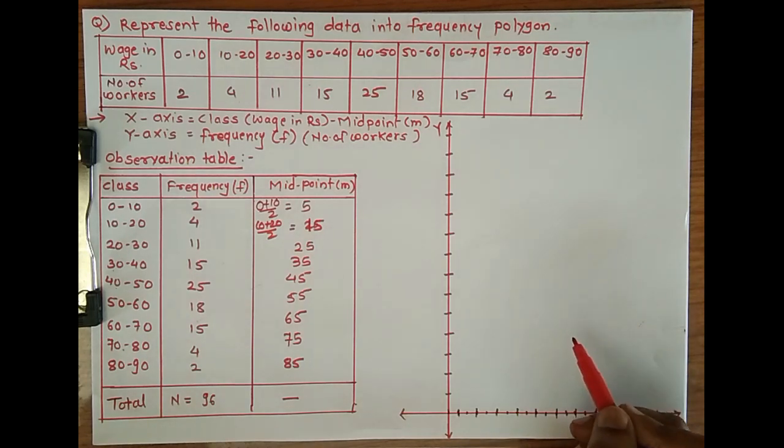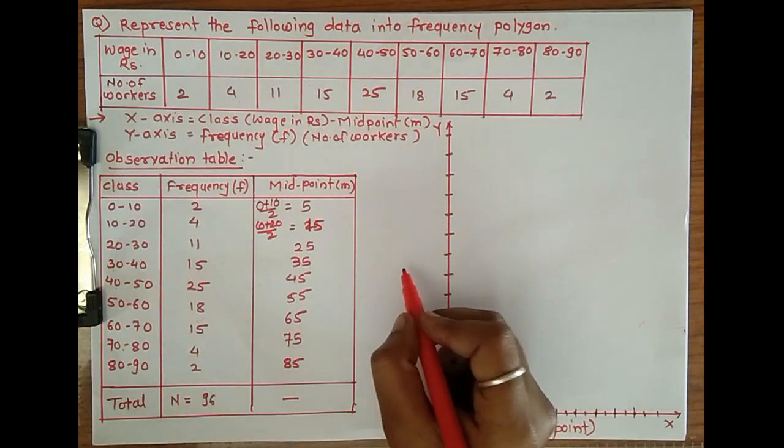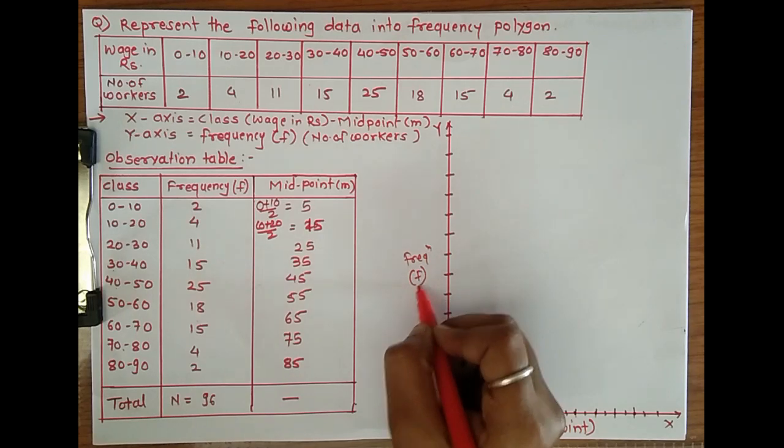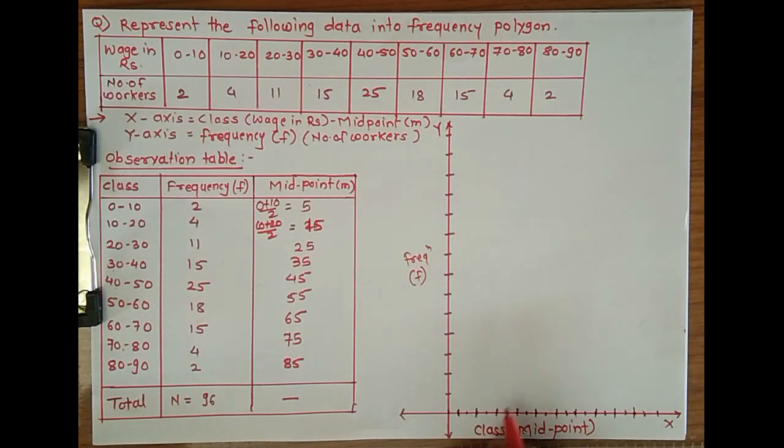For calculating the frequency polygon, we need x-axis and y-axis. On x-axis, we take class, that is midpoint of class, and on y-axis we take the given frequency, which is the number of workers.